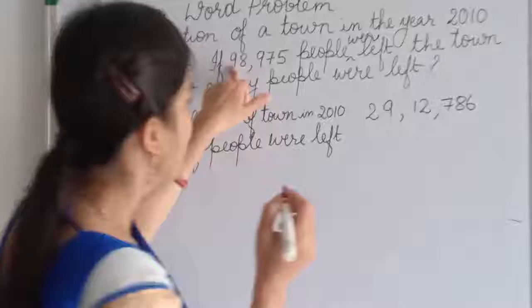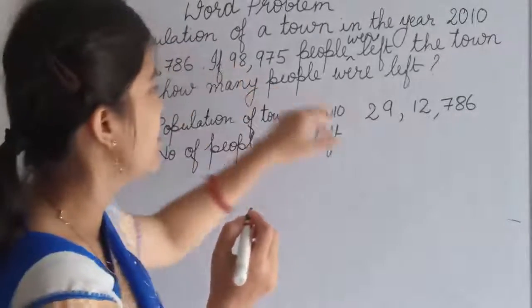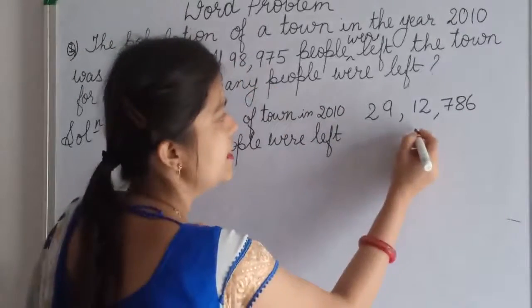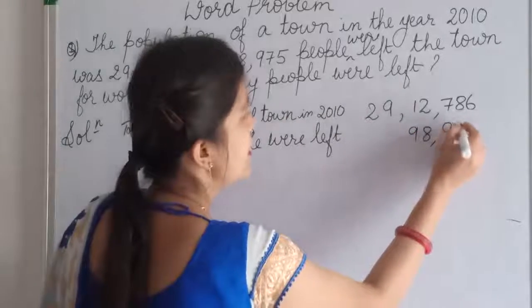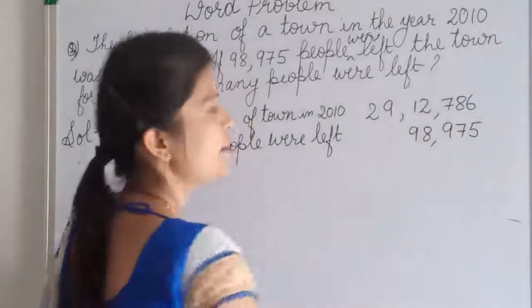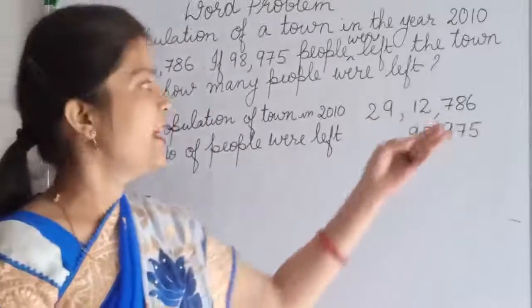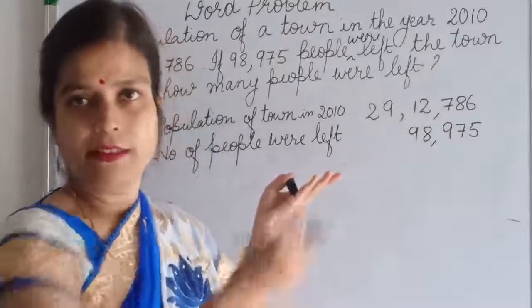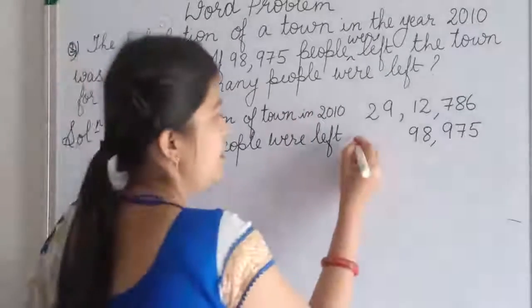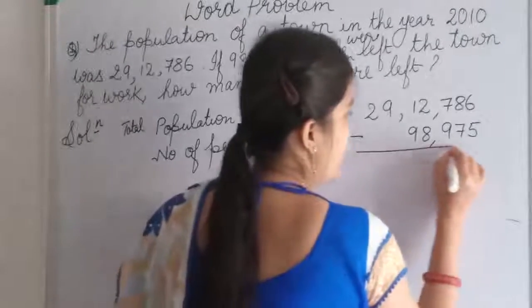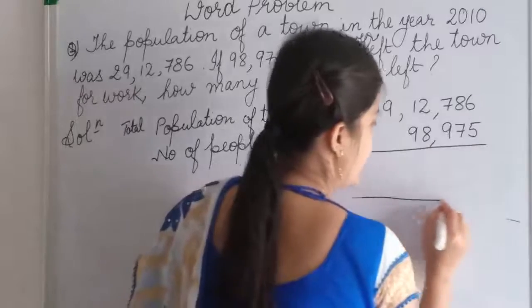It is 98,000, okay, no lakh is there. So we will start writing from here only. 98,975. So that's why I always say you write from the right hand side. From this side you start arranging in a column. Otherwise, if you do not write nicely, you will make a mistake.